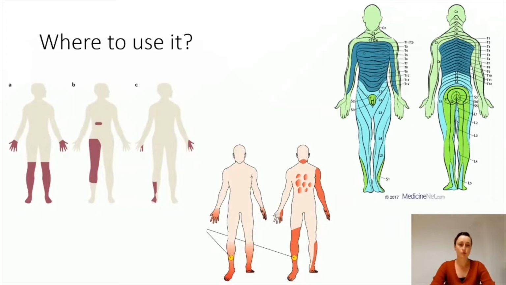This is most well known in the length-dependent small fiber neuropathy as seen in diabetes. But for other diseases, this might be less clear. So it's good to realize where you want to do your test.